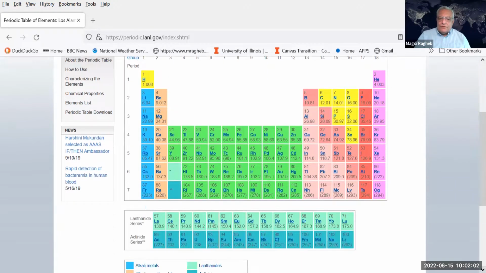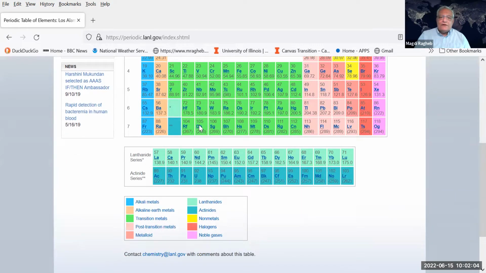And if you look at the periodic table of the elements, you'll find that there are two boxes here. The first one is a whole long series of elements starting with lanthanum. So we call it the lanthanum series, or the Lanthanide series.